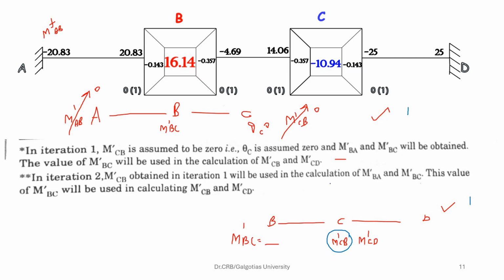That new value for M dash CB is taken at this location. Now what will you do? You will calculate M dash BC by using this M dash CB and M dash AB. M dash AB is already 0, forever it is 0.